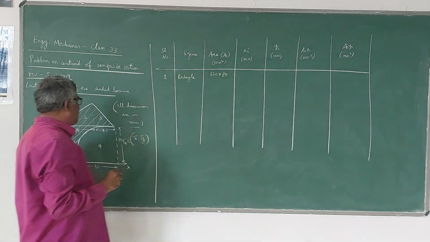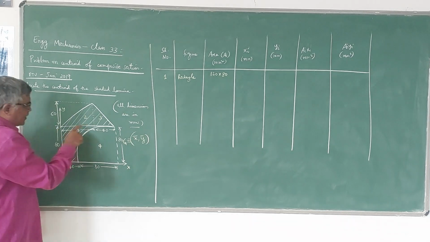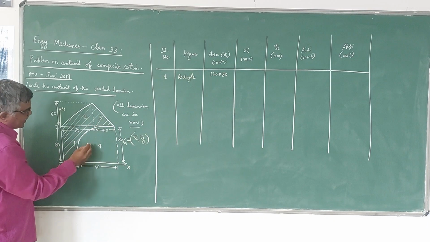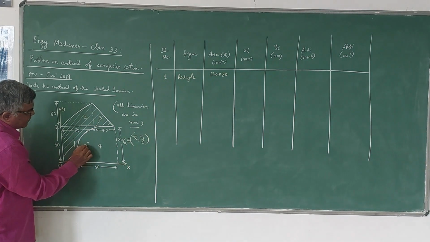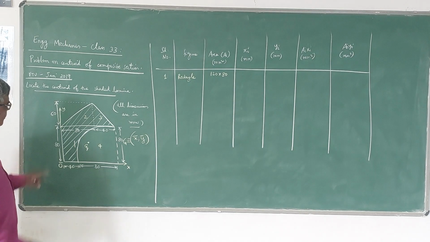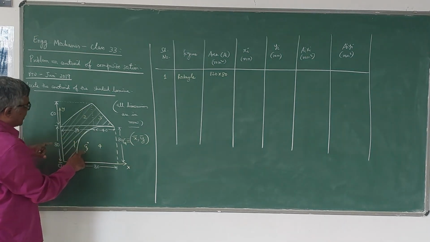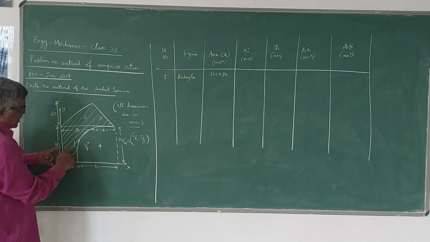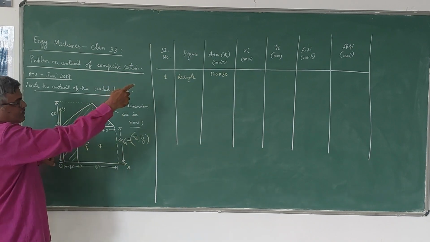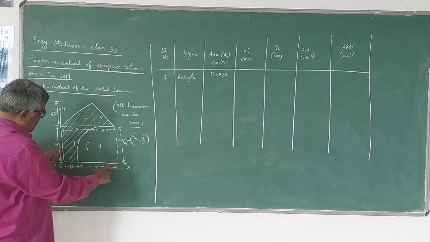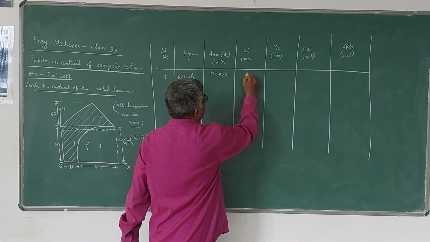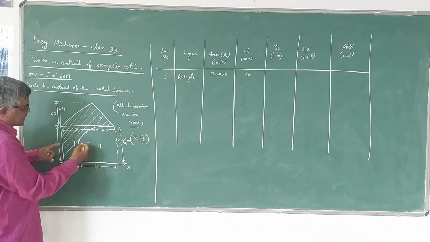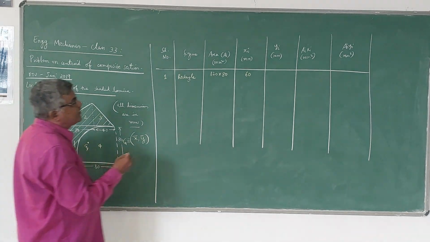Then xi is the distance of the centroid of this rectangle from the y-axis. The centroid of this rectangle will be here, so this will be your G1, where 1 stands for the rectangle. The distance of G1 from the y-axis is x1, your first value of xi, which is half of 120, that is 60. Then the distance of G1 from the x-axis is half of 80, that is 40.